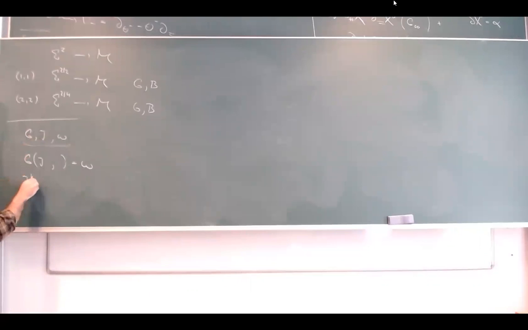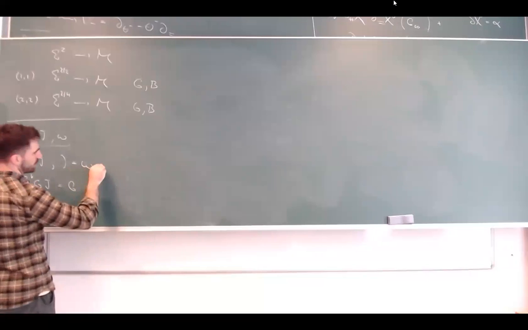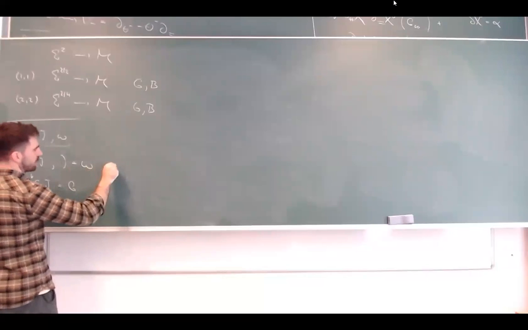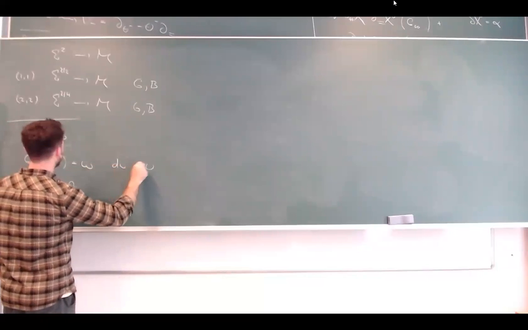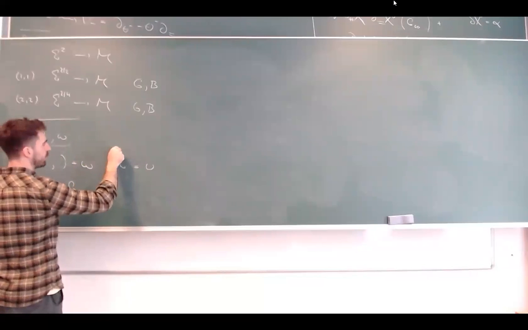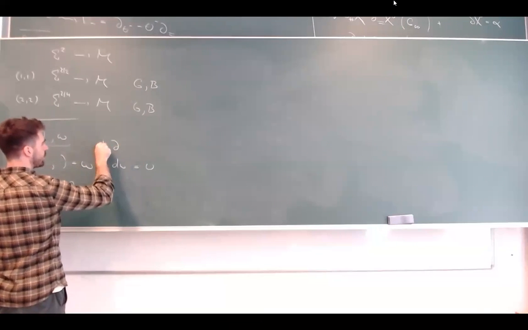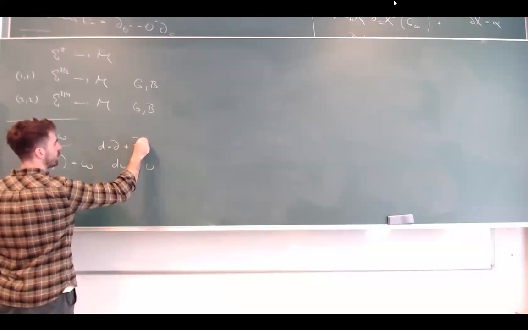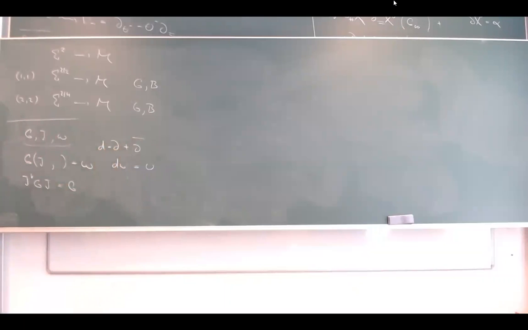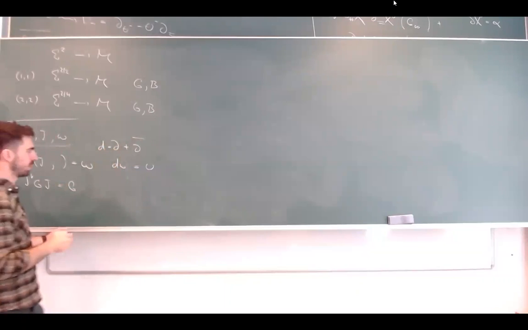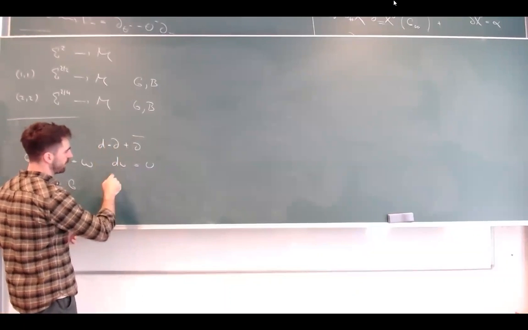So this is true, right? And furthermore, this omega needs to be closed, but then, if J is integrable, I'll be able to split d into holomorphic plus antiholomorphic exterior derivatives, use del and del-bar, and find a potential for omega.